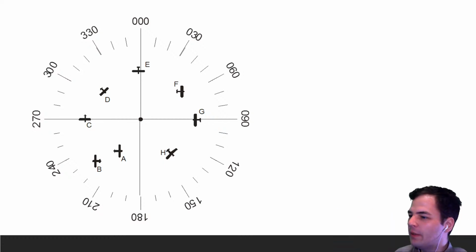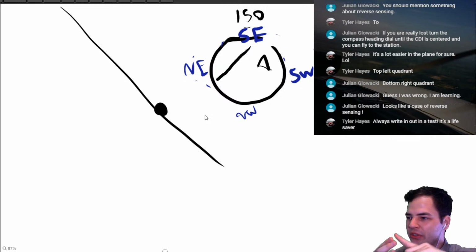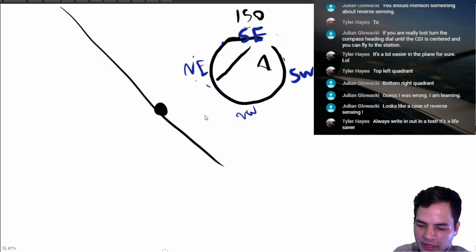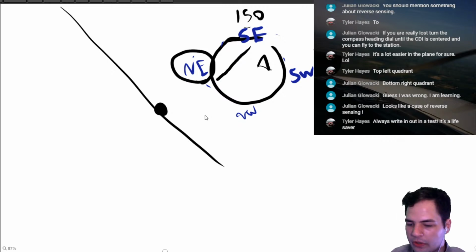You're not ready for it yet. They told you 150, and they told you left needle, 2 indication, right? So you have all that info. You draw it all out on your note paper, and then you start looking at it and you go, okay, that radial is more northeast of me because of the needle, and the VOR is more southeast of me because of the to-from flag.